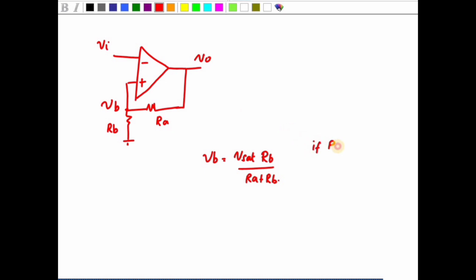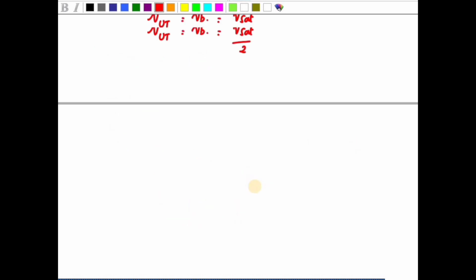If RA and RB are equal, I can write this as V saturation divided by 2. This is my VB, and here VB is nothing but the upper threshold voltage.